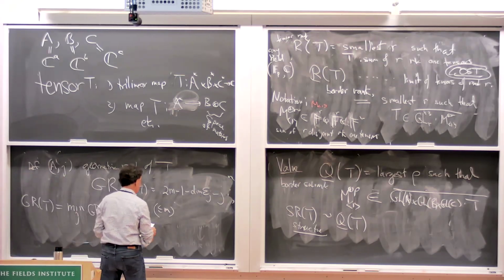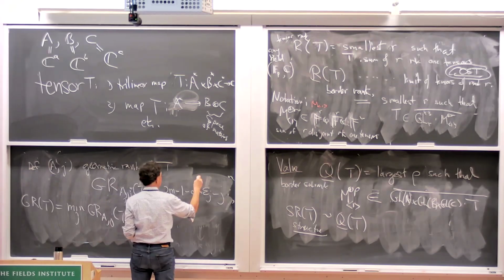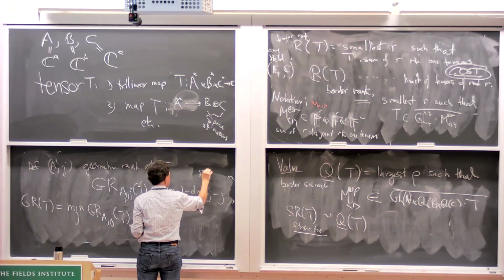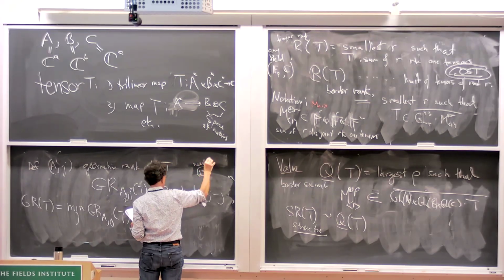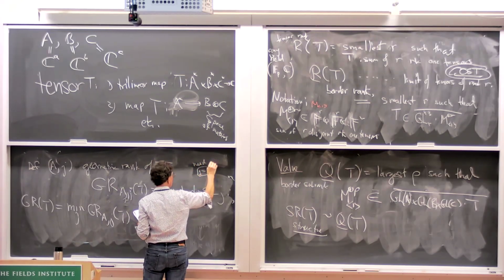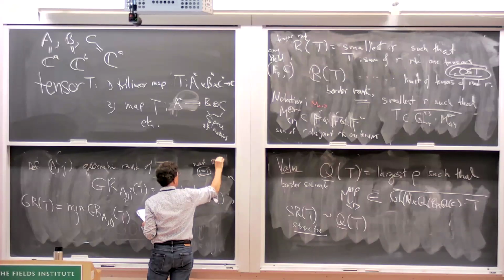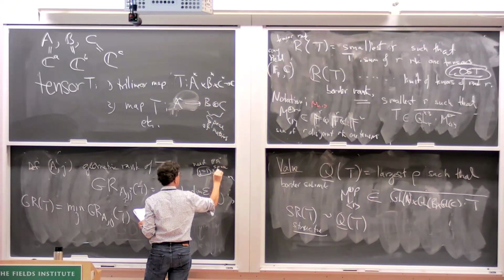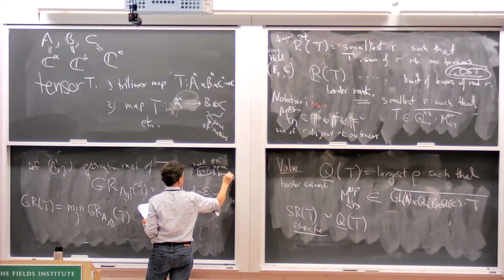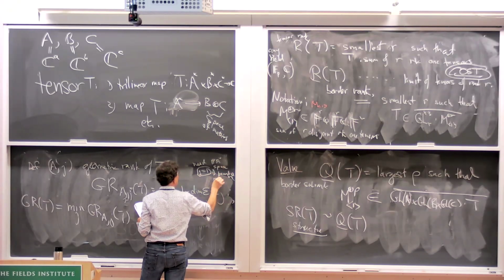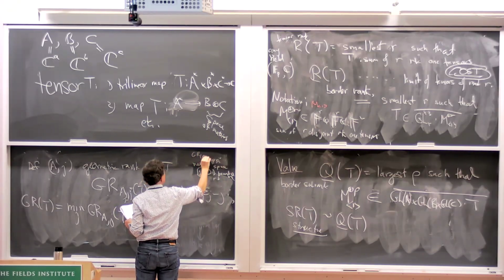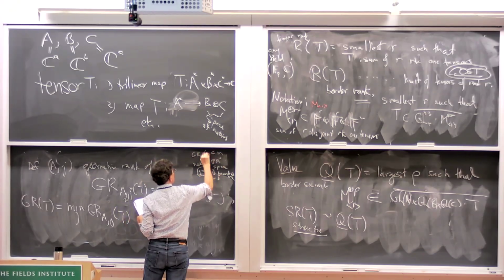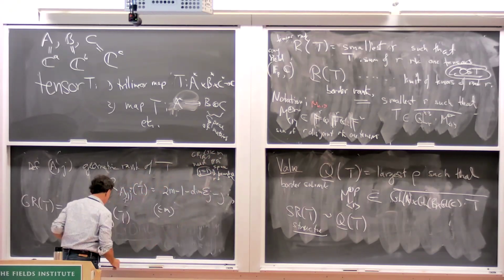So for example, if j equals 1, we need P of A star to be a space of bounded rank. Wait, so let's say it this way: GR A1 less than m.